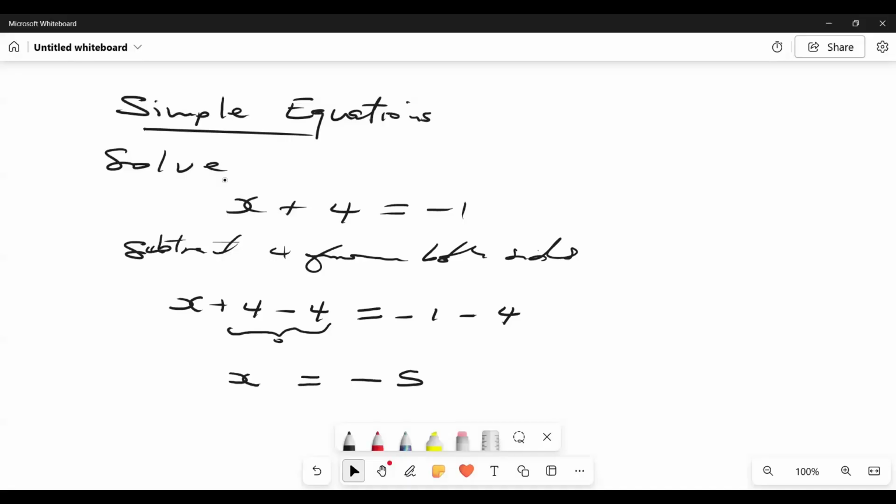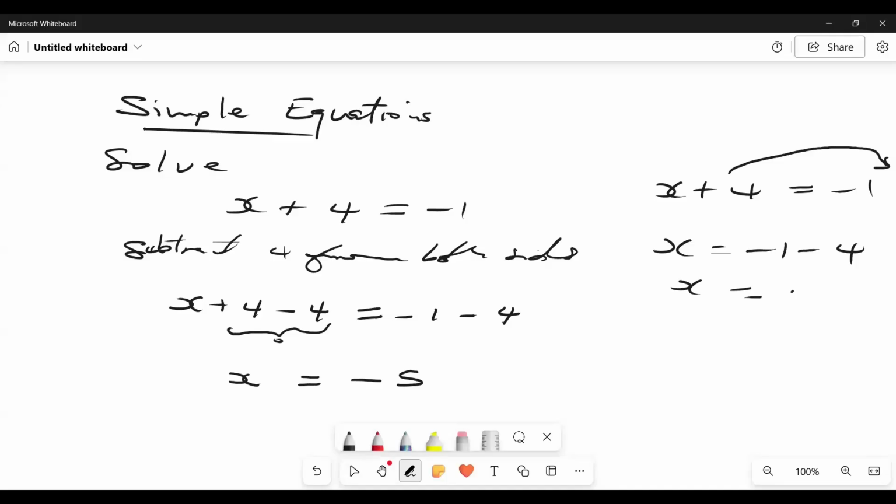There are some people who have this shortcut, right? They take, okay, you have the x plus 4 equal minus 1, and they'll tell you to take over positive 4, and it becomes minus 4, right? So x equal minus 1 minus 4. No harm, it's just a shortcut. But this process of saying take over 4 and it becomes minus, that's not a mathematical operation, right?